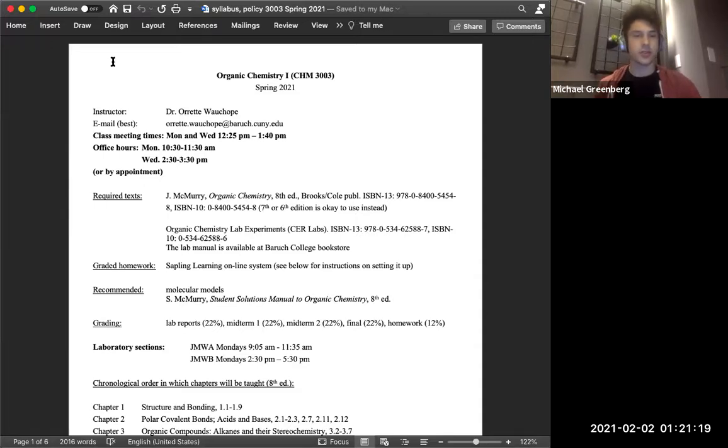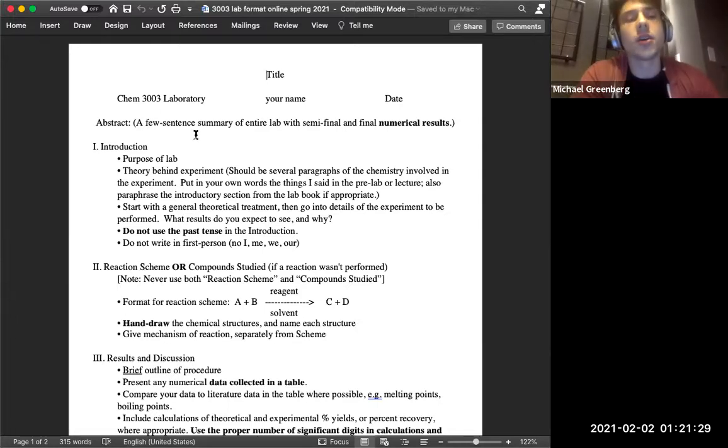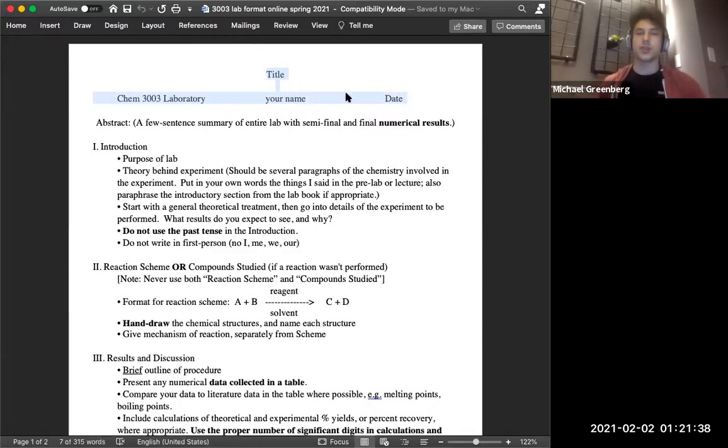All right. So now we're going to go into the general lab format, and then I wrote my own article on how to write lab reports that we can look at afterwards. So this is the general idea. You're going to top it off with your name, Chem 3003, and the date. And of course, you're going to put the title of the lab.